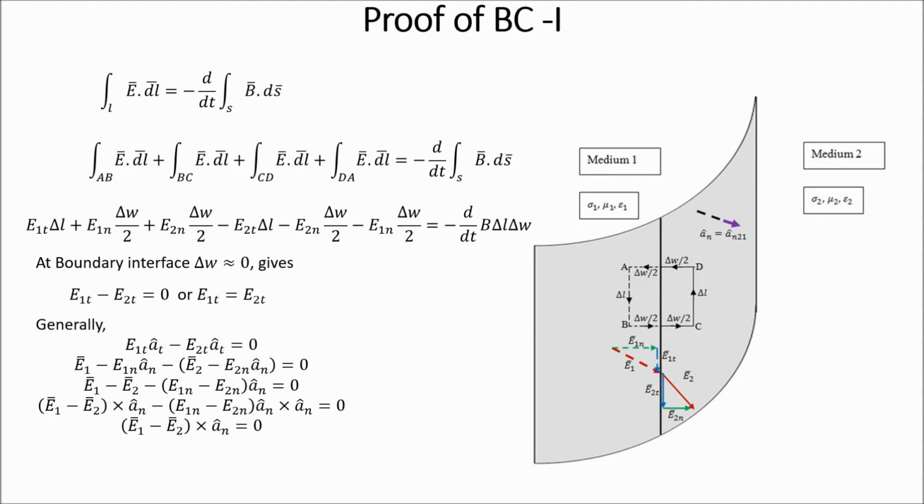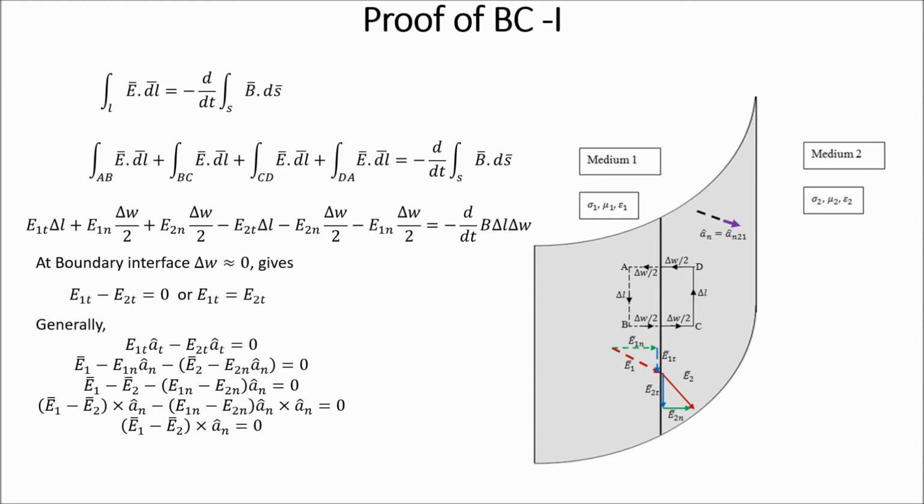So I decompose E1 into two parts. One is the normal component, perpendicular to the interface, and the other is the tangential component, parallel to the interface. The normal component for E1 is shown in green and the tangential component in blue. For medium 2, E2N is the normal component and E2T is the tangential component.